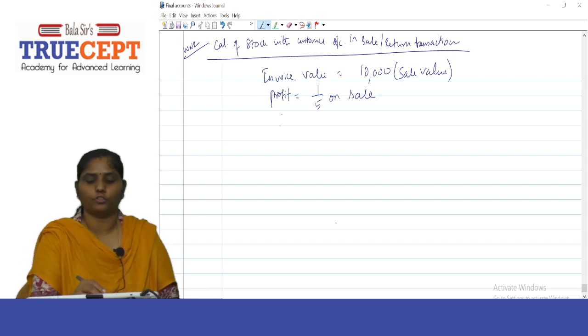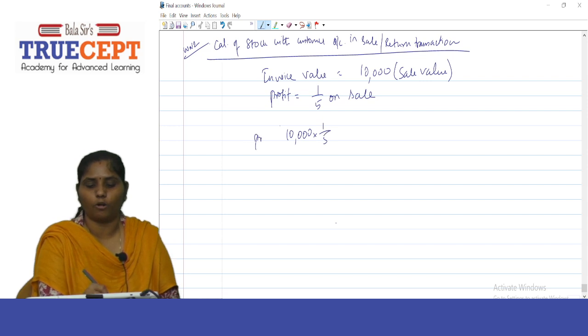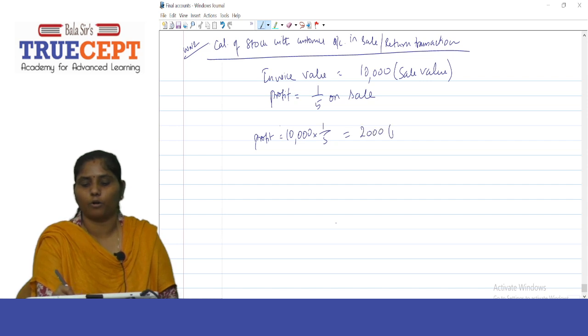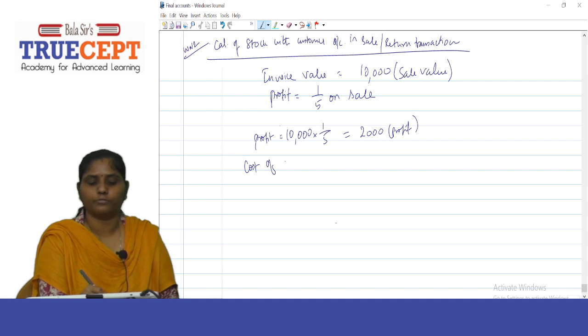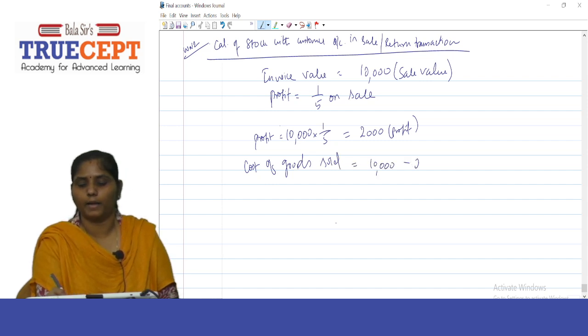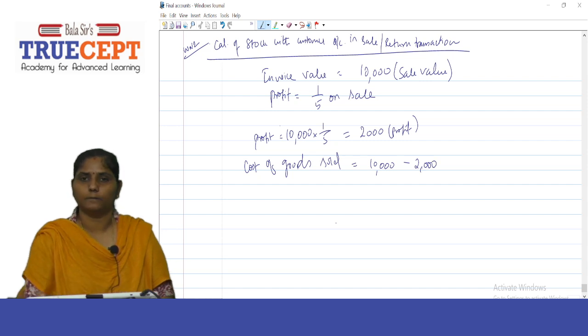So 1/5 on sale, which means 10,000 into 1/5, the profit element. How much is the profit? 2,000 rupees is the profit. What do I do? Cost of goods sold is equal to the sale value minus, remember the cost of goods sold, second formula we studied.